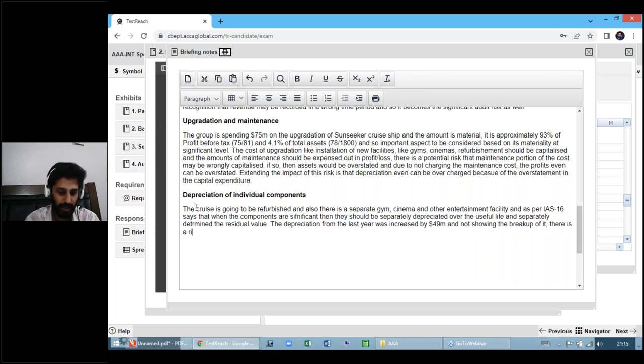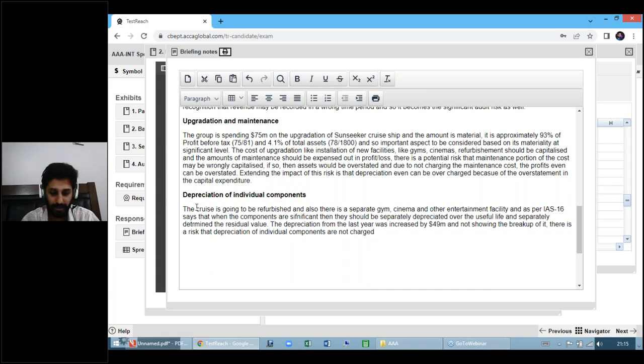There is a risk that depreciation of individual components are not charged, and so it is a violation of IAS 16, right?